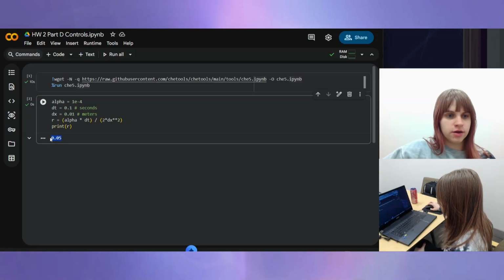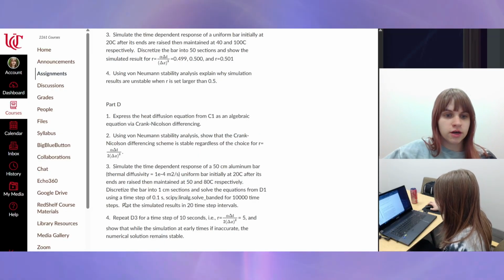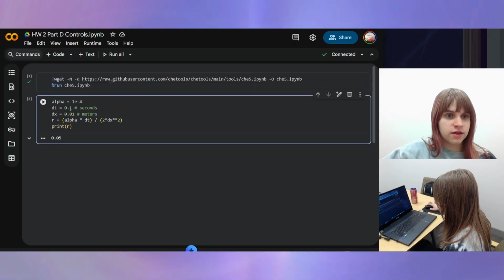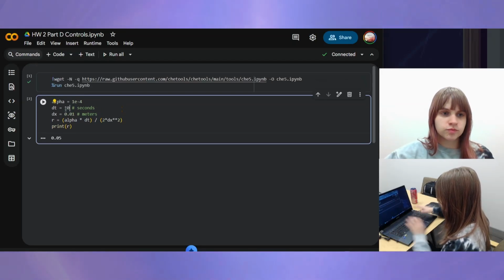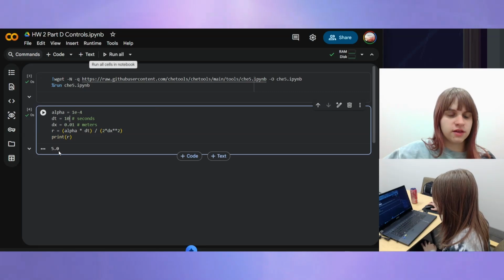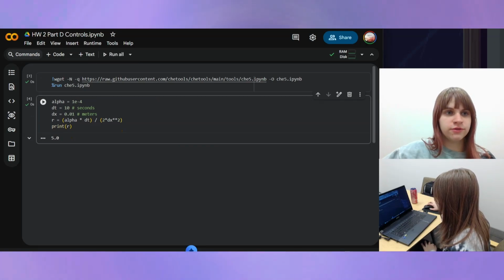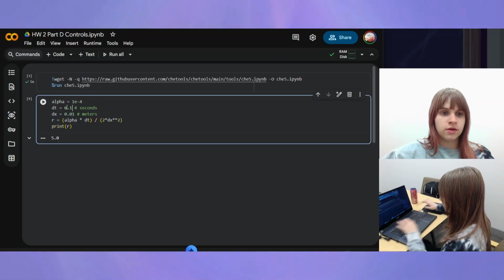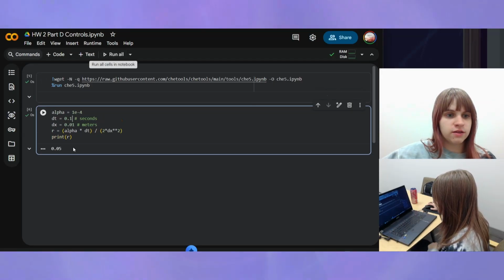So right now our r value is 0.05, just to take note of that. Later on we will change it up for a time step of 10 seconds, and as you can see that gives us an r value of 5, but for now we are doing 0.1 seconds.